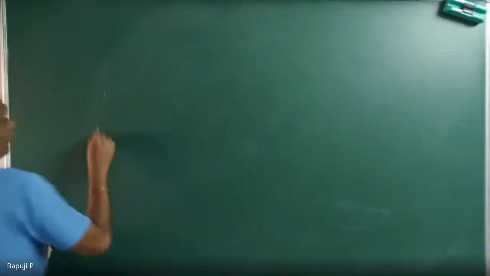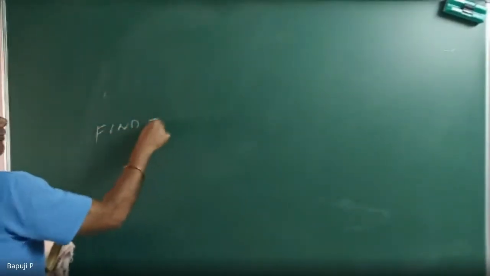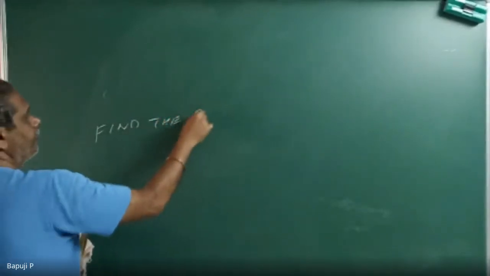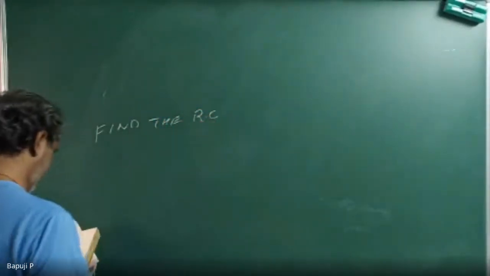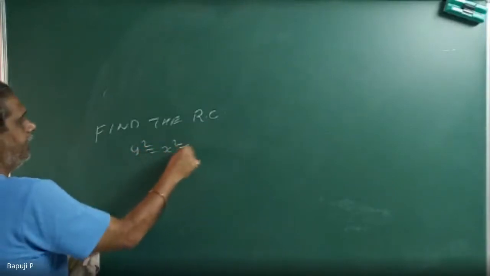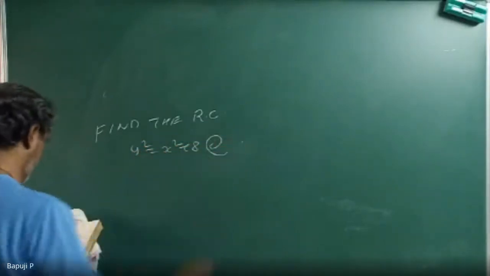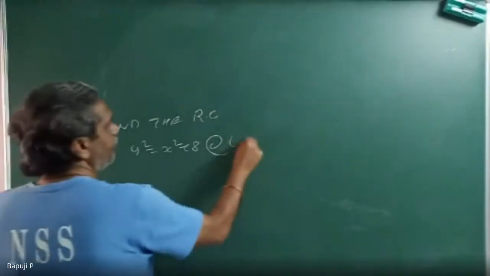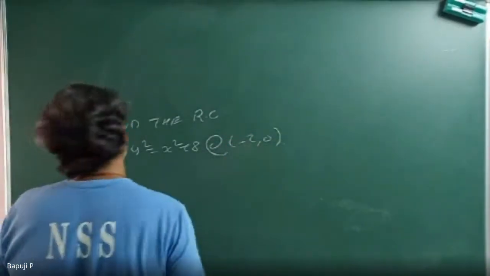Take this: find the radius of curvature of y square is equal to x square plus 8 at minus 2 comma 0.